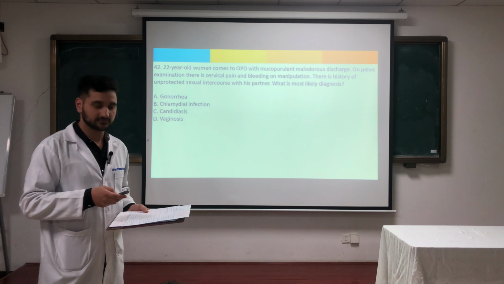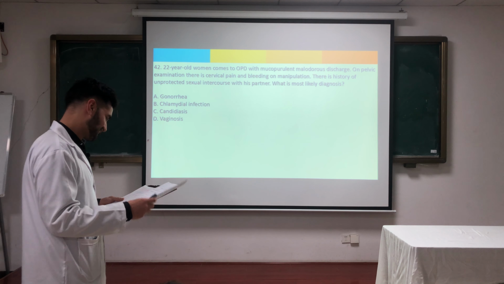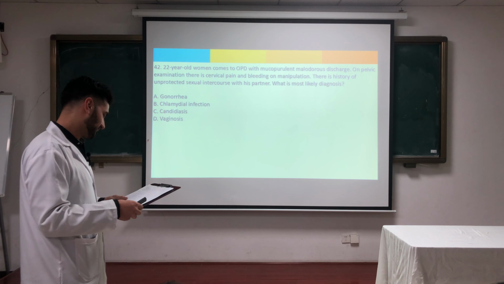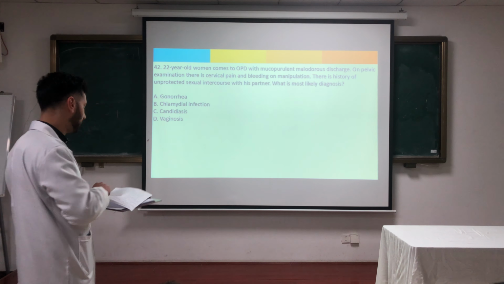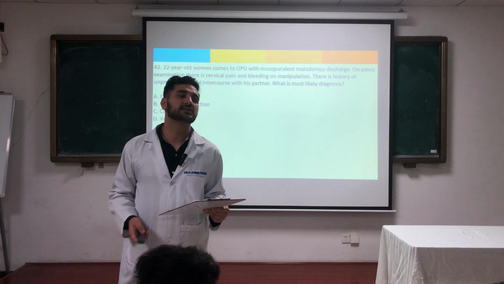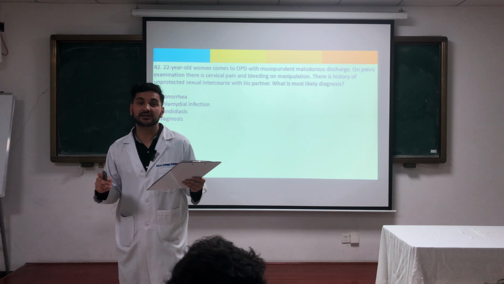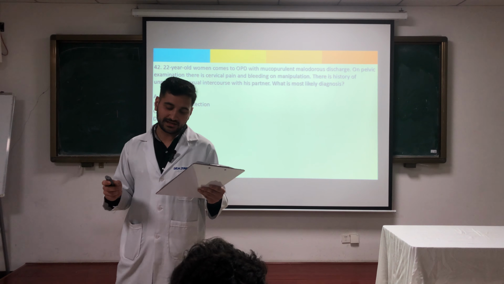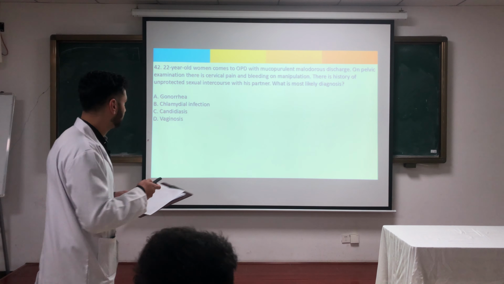On pelvic examination, there is cervical pain, bleeding, and a history of unprotected sexual intercourse. Okay. So here, if we have a patient of gonorrhea, which is caused by Neisseria gonorrhoeae, we have purulent vaginal or urethral discharge, dysuria, cervical pain, bleeding on pelvic examination. Okay, this is what we have.